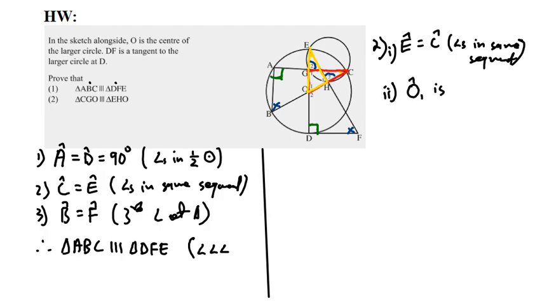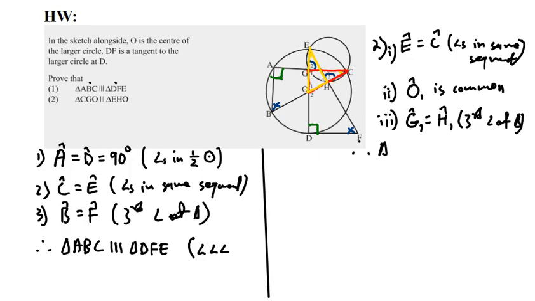So my final statement and my conclusion is that angle G1 in the red triangle must be equal to angle H1 of the yellow triangle. And this is using third angle of a triangle. And then the order has already been given, so I will then conclude that the triangle CGO is indeed similar to the triangle EHO. End of proof, if you like.